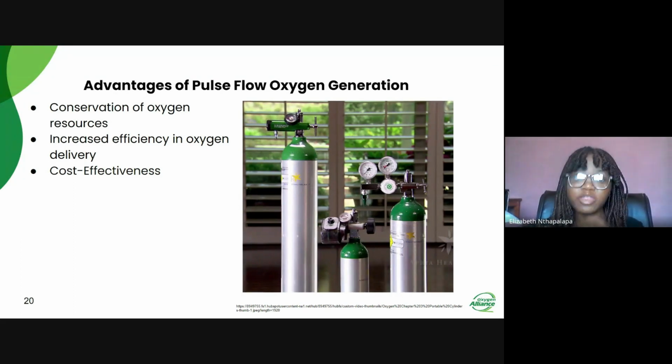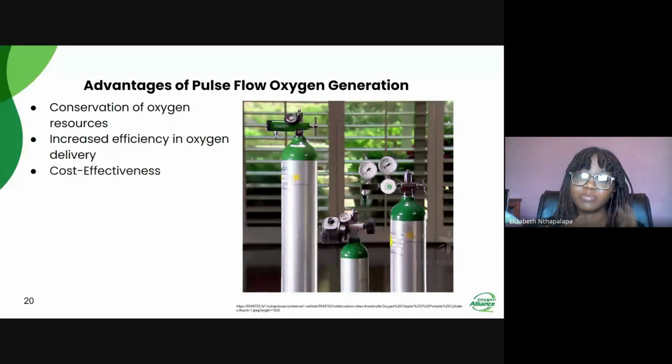And also this is increasing the efficiency in oxygen delivery and improving the cost effectiveness, as you do not really need to be refilling the cylinders over and over. Hence, you're even saving cost.